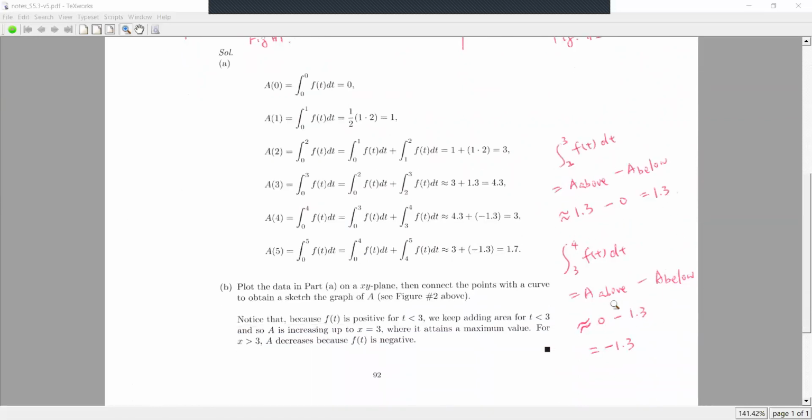So 0 minus 1.3 is negative 1.3. This integral is negative 1.3, and this is 4.3. So 4.3 plus negative 1.3 is 3. So the value of A of 4 is 3.